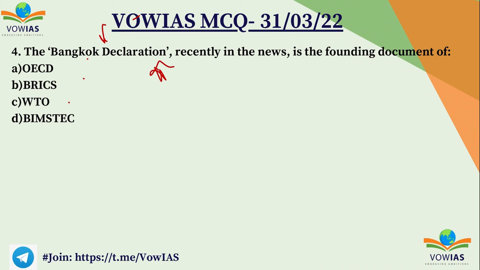If you say BRICS, we have countries like India, China and all. So why would it be named Bangkok Declaration? So that is also false. And WTO is such a big body. See, these big Western bodies have their founding documents named after Western cities and not South Asian cities.